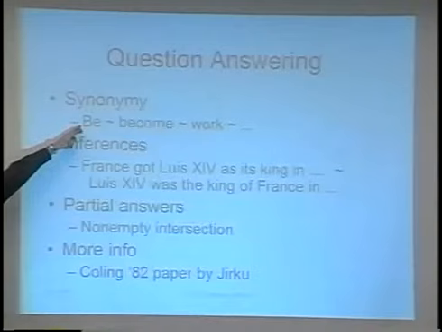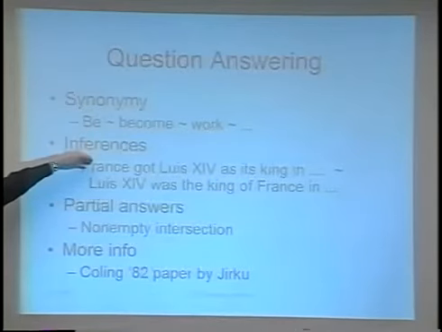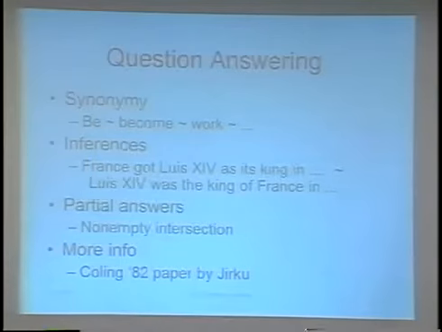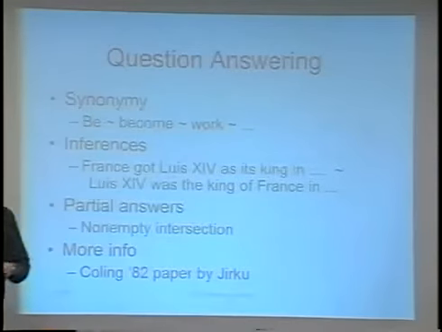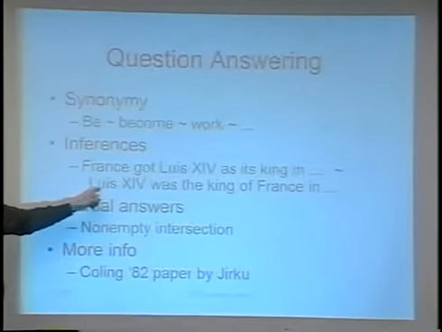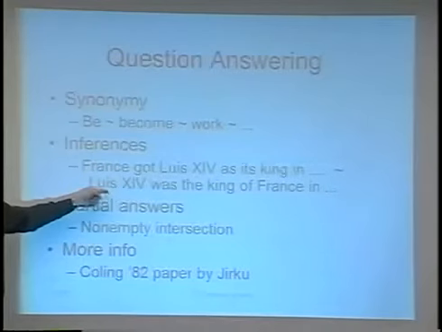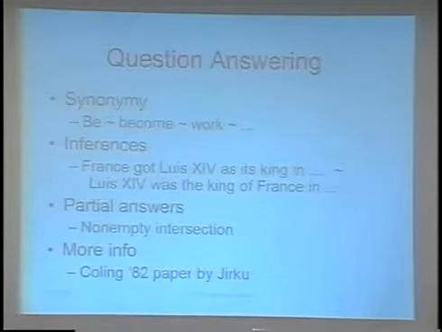And these are very simple matches, just node by node. But then, of course, for some things you still have to use what we call inferencing. So, for example, if you say that France got Louis XIV as its king, it should correspond also to the sentence that Louis XIV was the king of France, right?